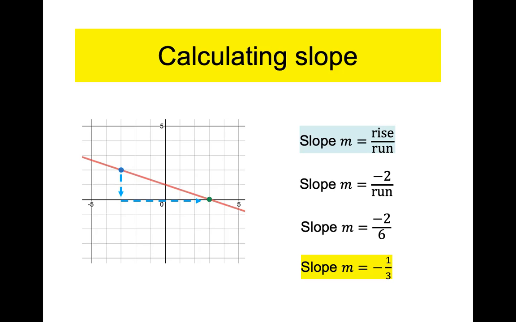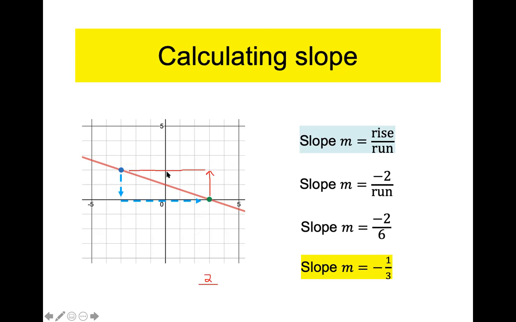One point I want to make, and I made it earlier, which is you don't have to always go from left dot to right dot. If I wanted to go in the other direction, let's say that I wanted to go from green dot to blue dot. Well, I'm not going to go down 2. I'm going to go up 2. So my rise is 2. But my run is, well, I'm going to the left.